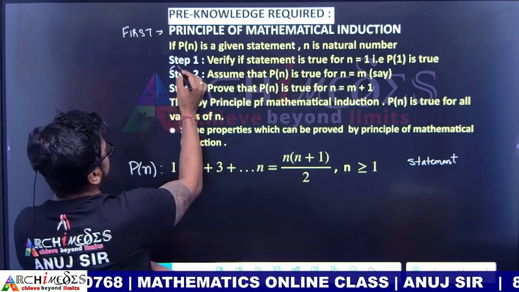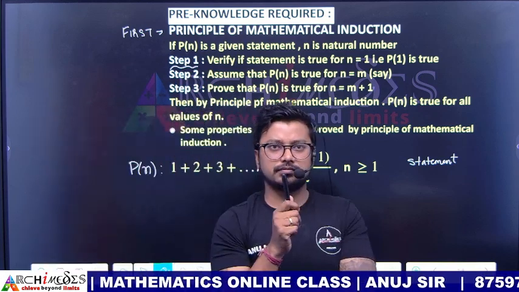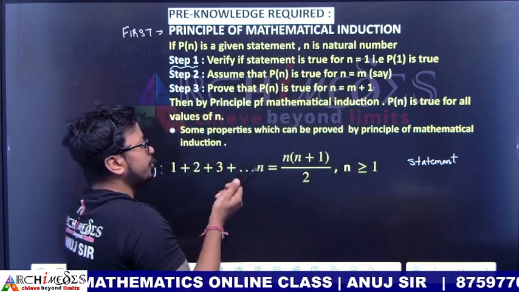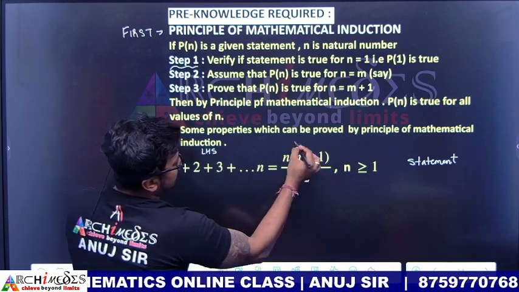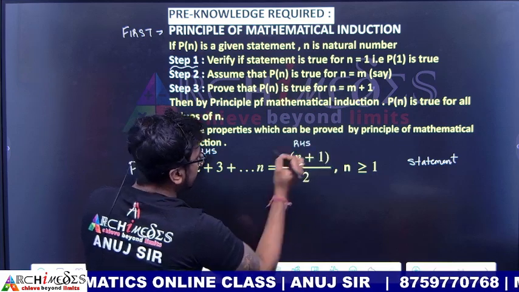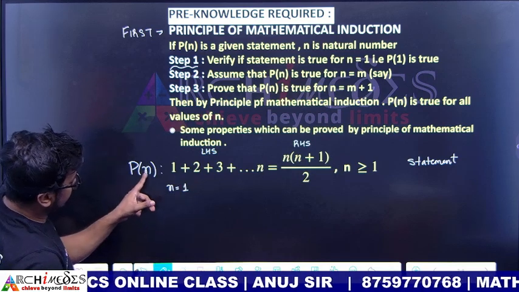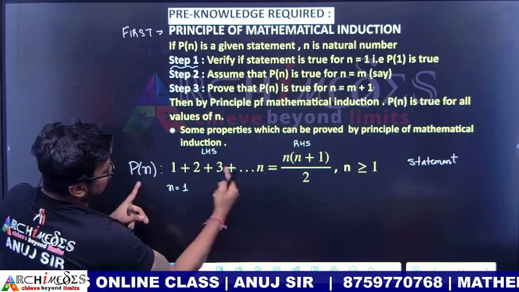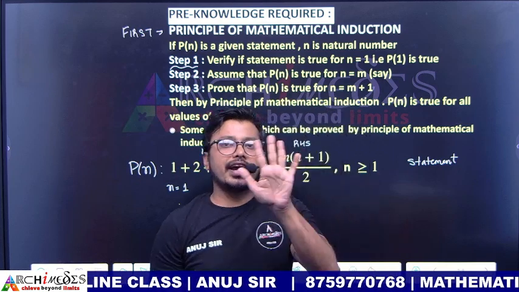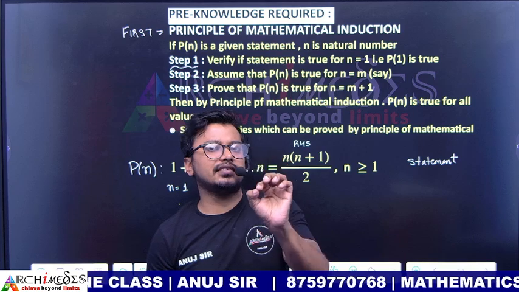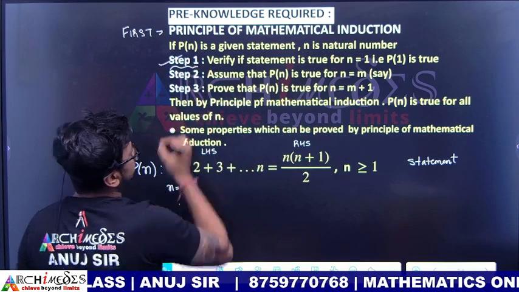Step one in the principle of induction is that you have to verify that it is true for n equals 1. For example, here this is your LHS part, and this is the right hand side part, the RHS. If you put n equals 1, what does it imply? If it is n, then it ends at n; you are adding natural numbers till n. If you write P5, you are adding natural numbers till 5. But you have to verify for n equals 1.